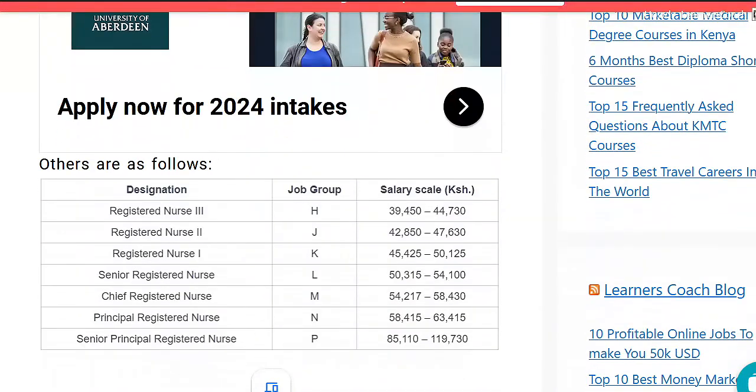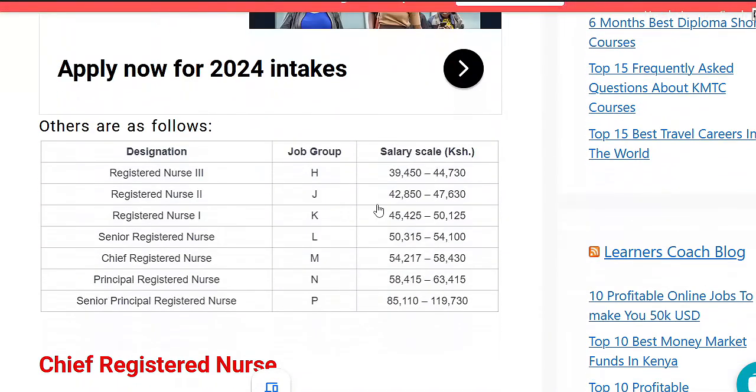Other job groups within the registered nurse categories are as follows. Registered nurse 3, job group H, I've mentioned, 39 to 44,000. Registered nurse 2, job group J, 42 to 47,000. Registered nurse 1, group K, earns between 45,000 to 50,000.